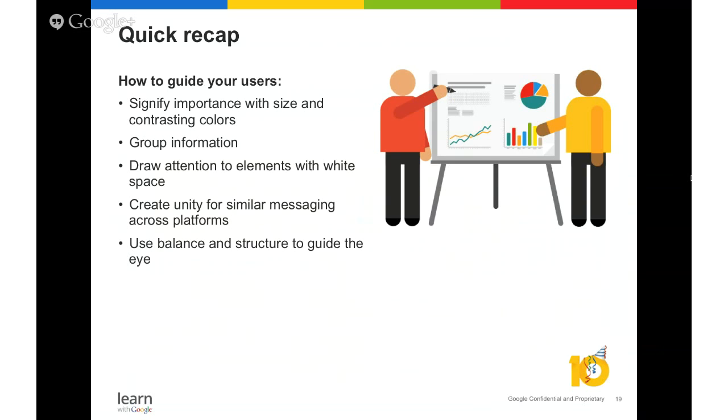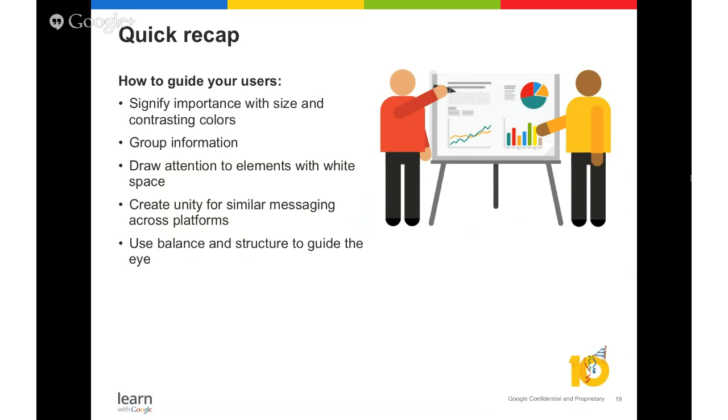Group related information together, both in formatting and placement, so that as a user I can glance at your site and quickly understand, okay, I'm moving through these types of results or this type of category information. And do everything you can to have a unified user experience across different platforms and channels.